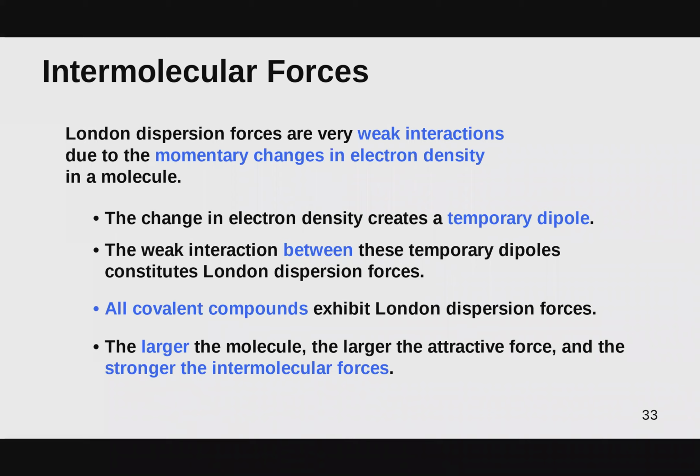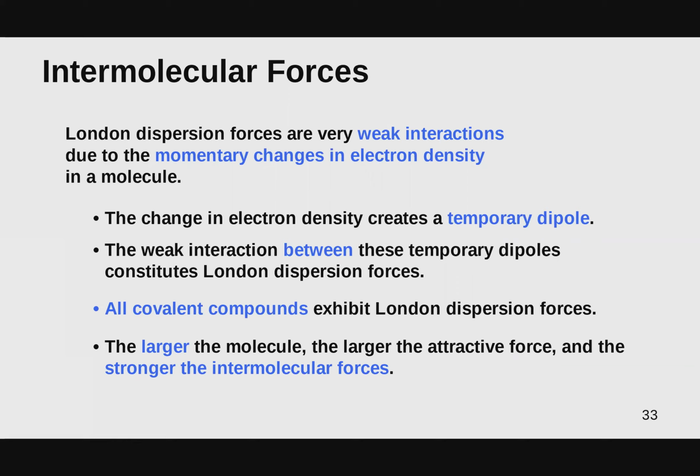orbit in shells around the nucleus. Thus, they are constantly in motion with one another. Now, because electrons are constantly moving in one another, their density, i.e., how much of them is in a defined volume, changes at a moment's notice. So, as electrons change in density, they create what are called temporary dipoles. So, just a slight change in the electrical charge of an atom, very much like a polar bond, right?